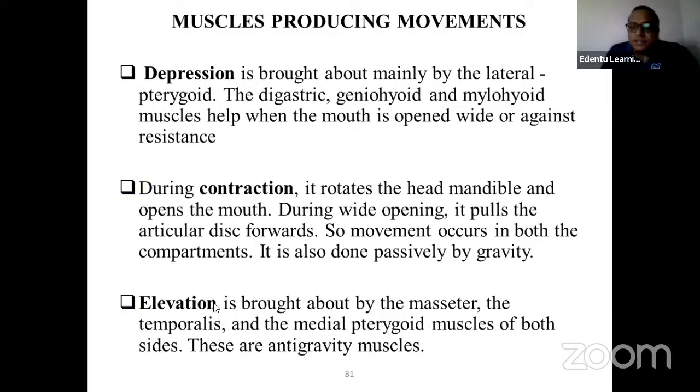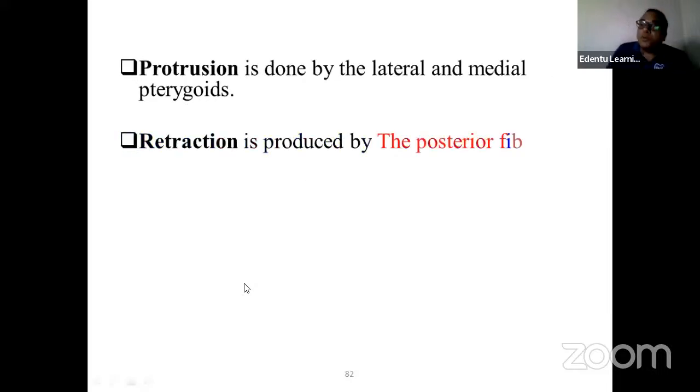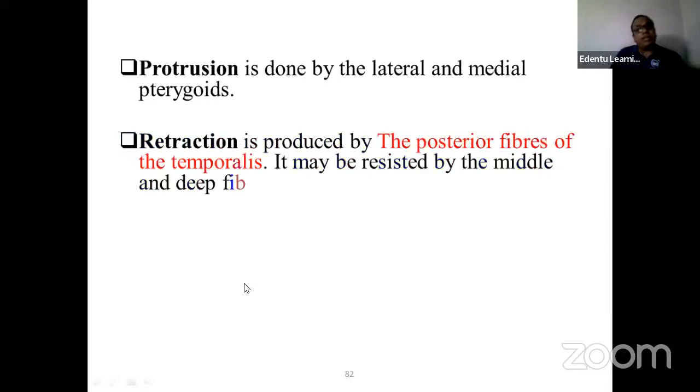Then elevation: MTM. Masseter, temporalis, medial pterygoid muscle. Elevation, closing the mouth. 'Me', my mouth is closing. So elevation is by MTM, that is masseter, temporalis, medial pterygoid. Protrusion is by lateral and medial pterygoid.